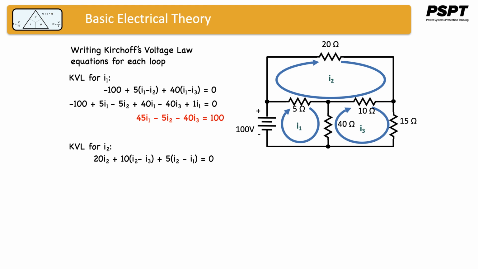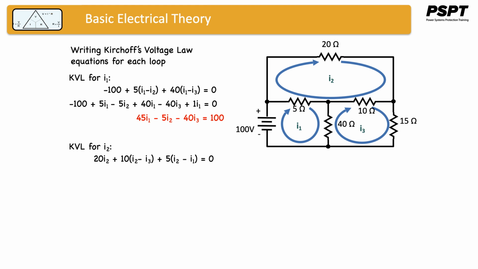Looking at loop number 2 and current I2, the KVL for I2 is going to be starting with the 20 ohm resistor, which gives us a voltage drop of 20 times I2. Going around the circuit, we come to the 10 ohm resistor, and the voltage drop across it is going to be given by 10 times I2 minus I3.